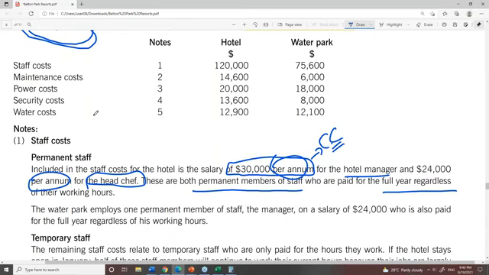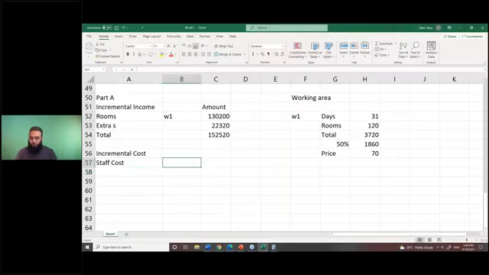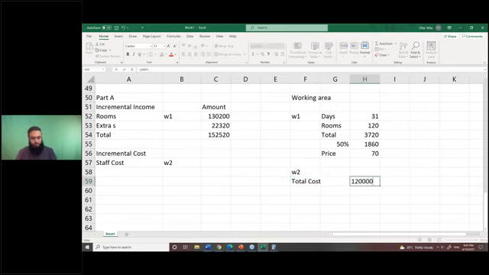So let me tell you here that this 120 includes the cost of these two that I should deduct, but it's per annum, so I need to make it per month, right? So staff cost working in the working area, total cost is 120, less the manager and less the chef per month.